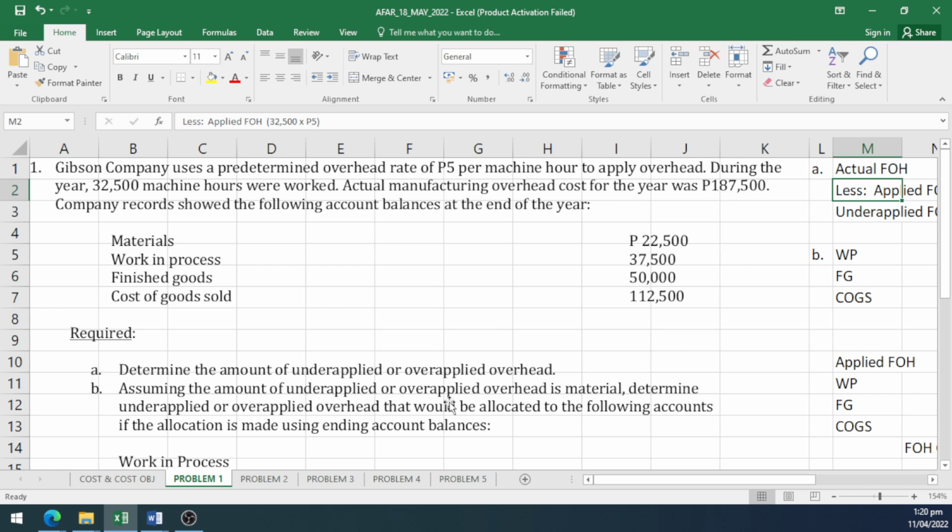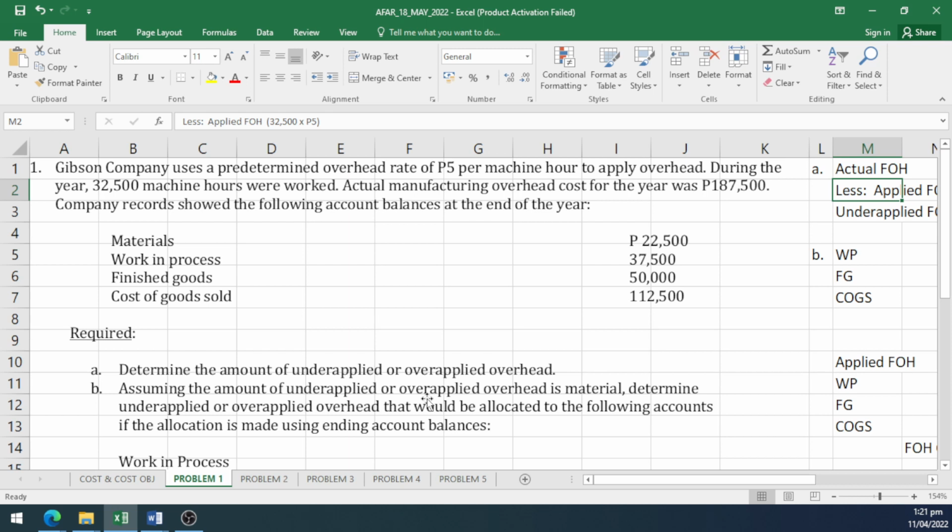We illustrate problem number 1 for the under or over applied overhead, and then the allocation or disposition using the two methods. Gibson uses a predetermined overhead rate of 5 per machine hour to apply overhead. During the year, 32,500 machine hours were worked.